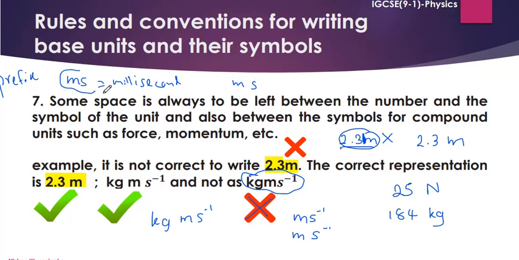Otherwise it is representing millisecond, because meter, simple m, we use for milli also. It's a prefix, same symbol we use, so you will get confused. If there is no space, that means it is millisecond. If there is a space, that means it is meters second.